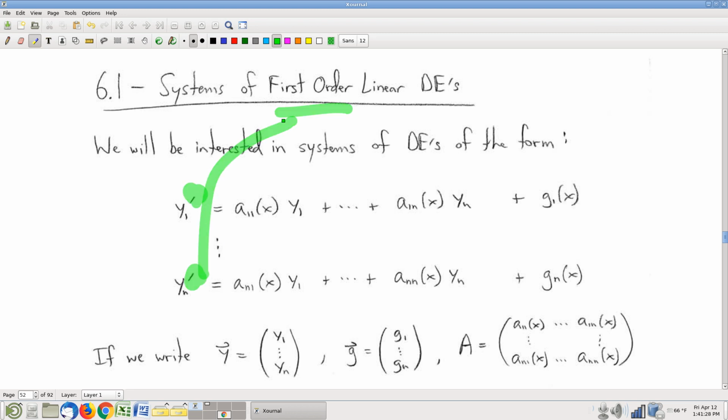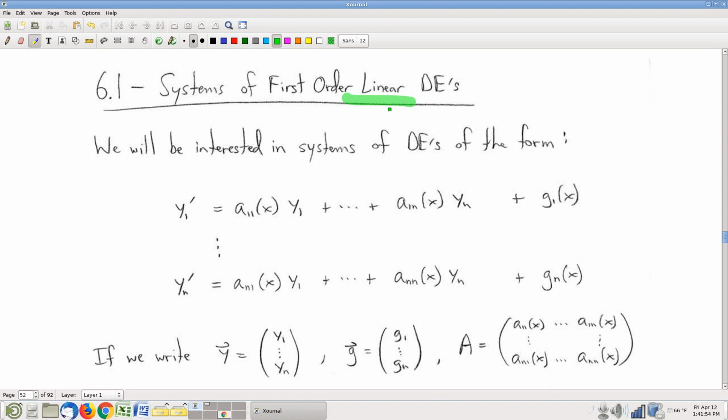In each of these equations, there's no second derivatives anywhere, or any higher derivatives than that. And linear, well, you probably have a better idea now on why we're calling this linear. I'll make that precise in a couple minutes. But there's going to be a linear transformation underlying this kind of a system, and I'll write down exactly what that linear transformation is very soon.